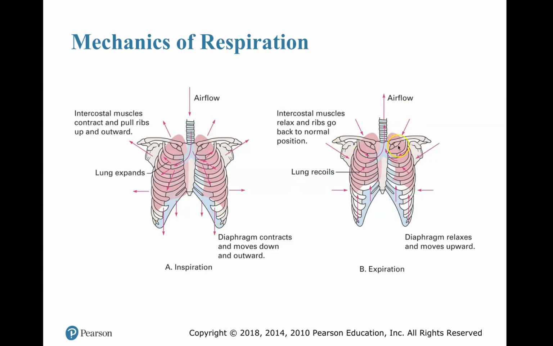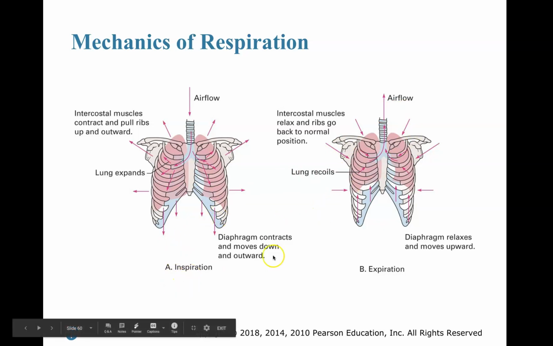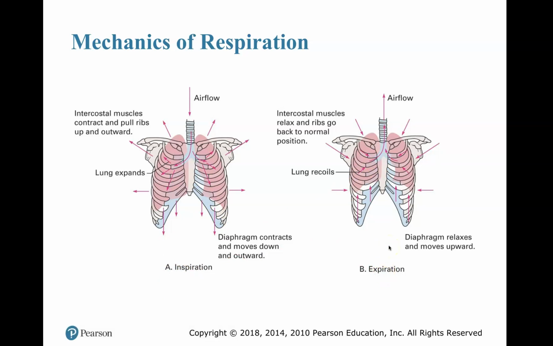All right, so just the exact opposite in exhalation, or they call it inspiration and expiration. We inhale the air and exhale the air. You see the airflow going out of the trachea here. Those intercostal muscles are going to relax, and that diaphragm is going to relax. The intercostal muscles are going to move the rib cage back to its normal position.